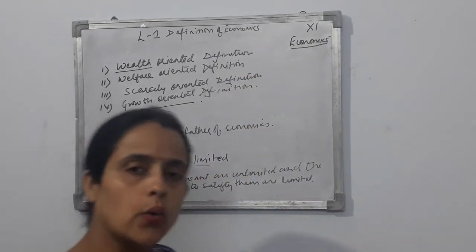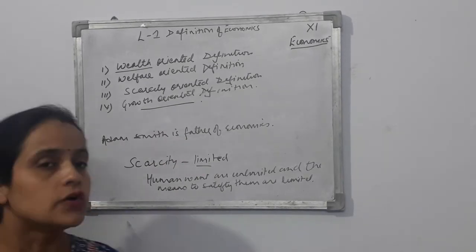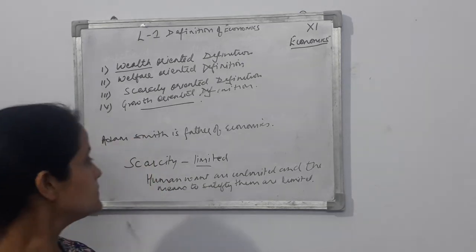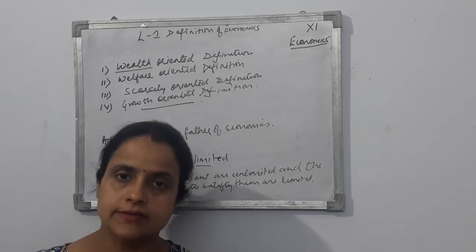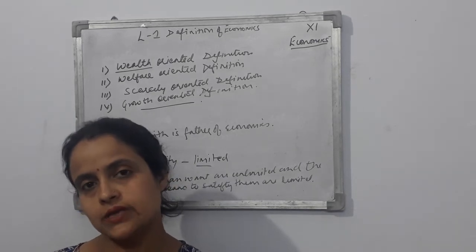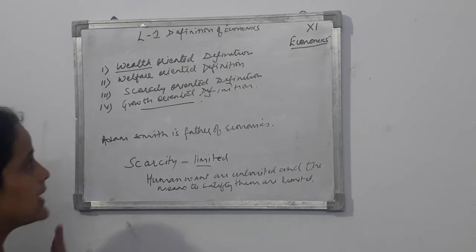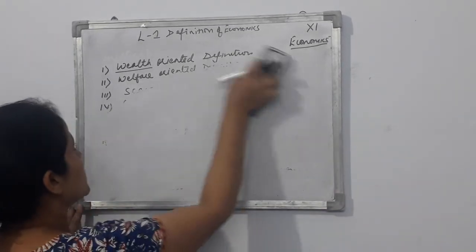Then came the scarcity oriented definition, given by Robbins, and then the growth oriented definition given by Professor Paul A. Samuelson. So different economists had different kinds of views regarding economics. So we'll be starting with the different kinds of definition. This was a sort of an introduction which I was giving to you. Now let's move forward with the chapter.